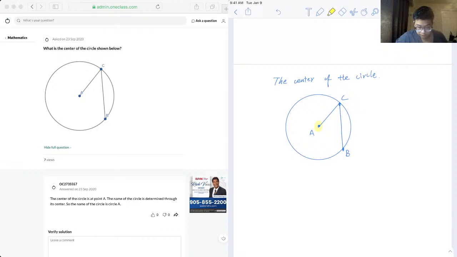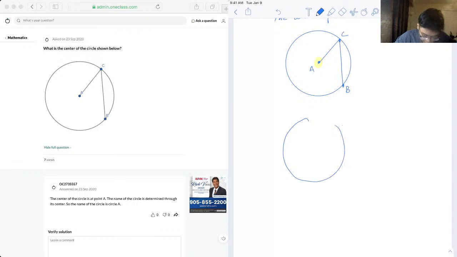And I'll introduce some other commonly used names in a circle as well. I'll draw another circle, just for better explanation. First, we have circle, let's say circle K. And there's a line crossing circle K within the circle, and this is what we call the diameter.